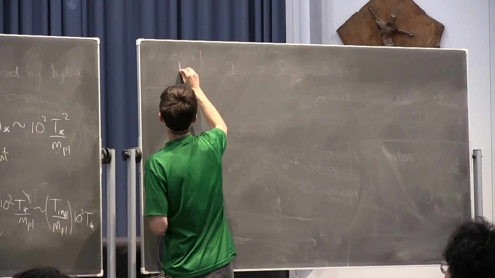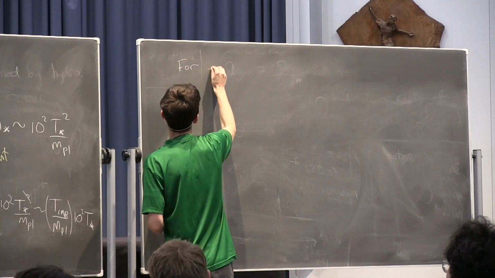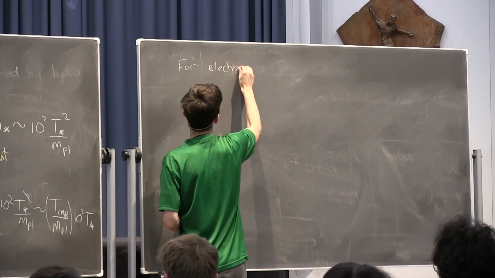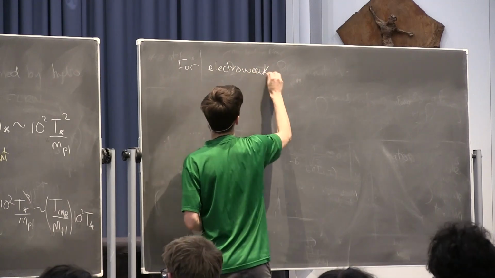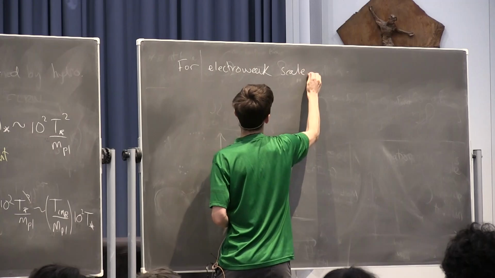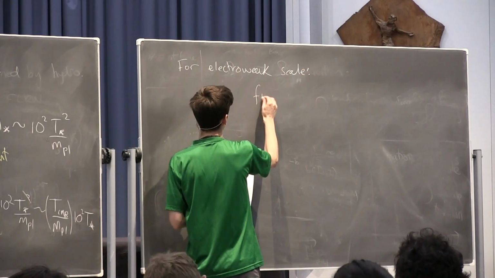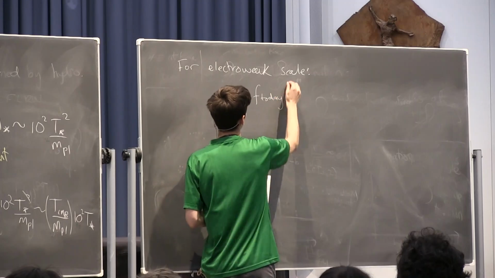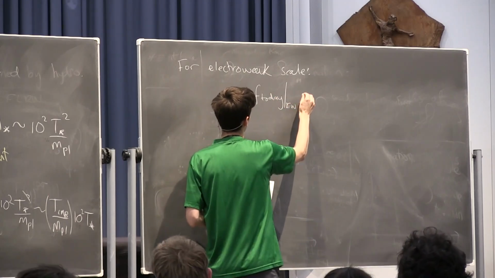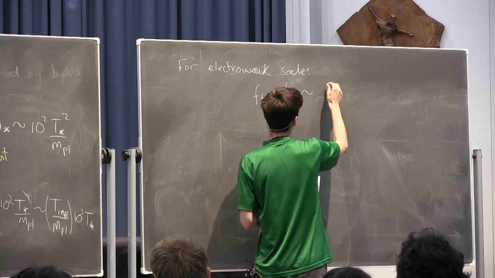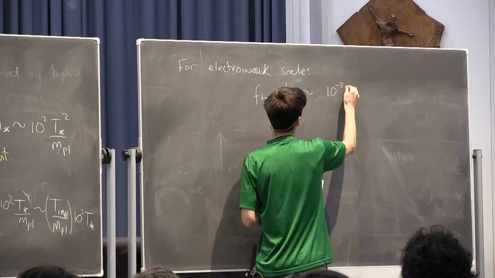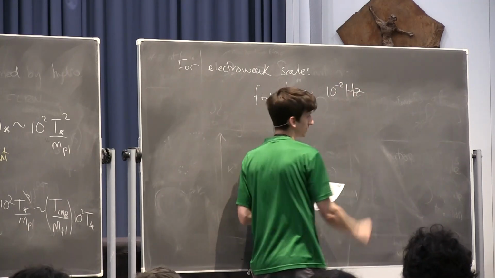And if we again go for an electroweak scale transition, we can put in the numbers here, and we get that F today, the electroweak scale, is like 10 to the minus 2 hertz.